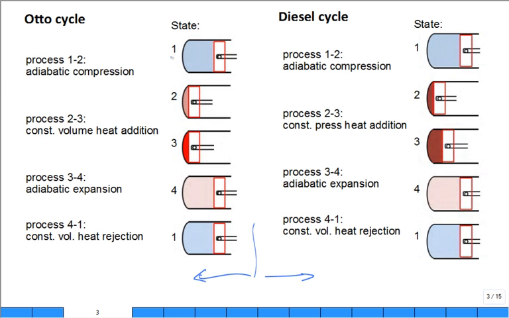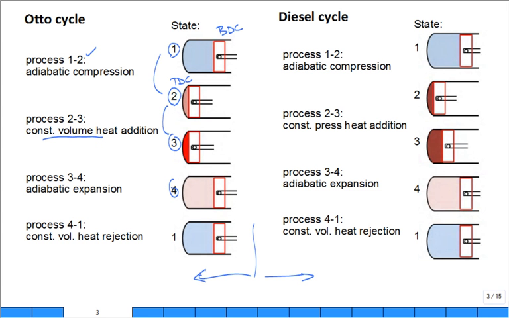So we can think about 4 states where the piston starts at bottom dead center and goes to top dead center. That's one stroke between state 1 and state 2. During that process, from 1 to 2, you have adiabatic compression. Then from 2 to 3, you have constant volume heat addition.